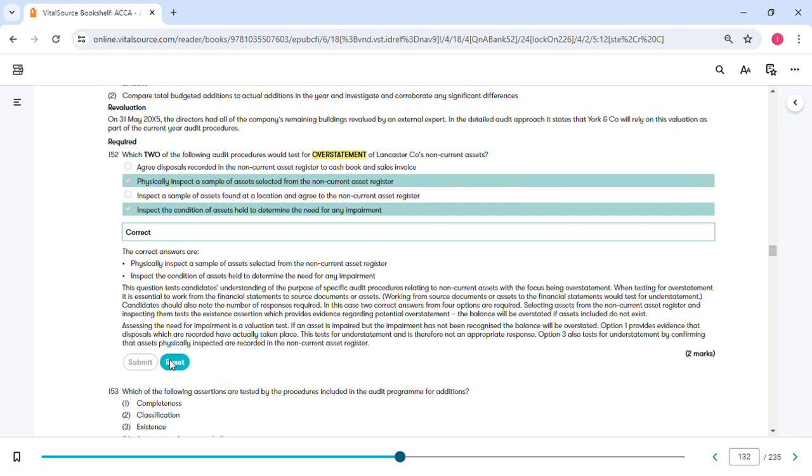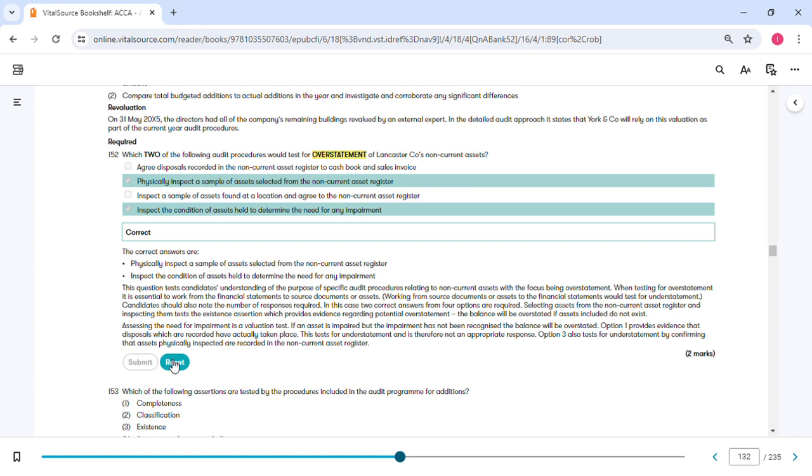Check. Read the explanation, it is very important. The question tests candidates' understanding of the purpose of specific audit procedures relating to non-current assets, with the focus being overstatement.